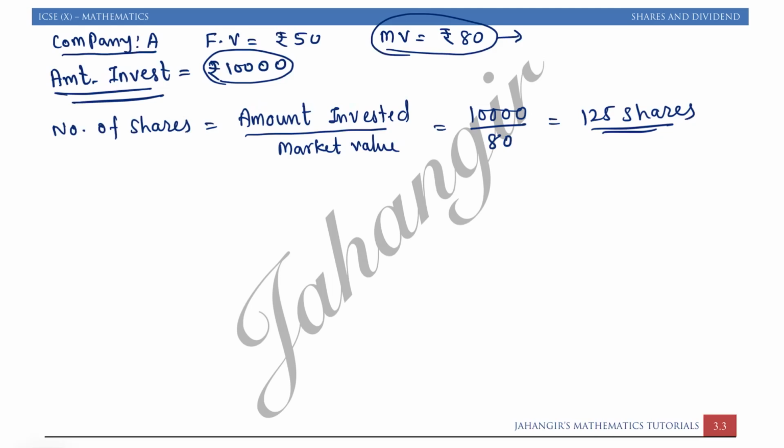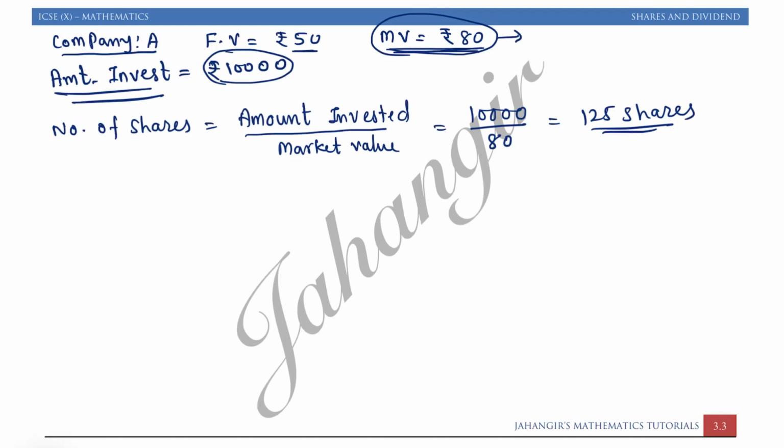This is just an example, I'm explaining the whole concept in terms of an example. There is a company A whose share's face value is rupees 50, and you are getting that share at a rate of rupees 80.